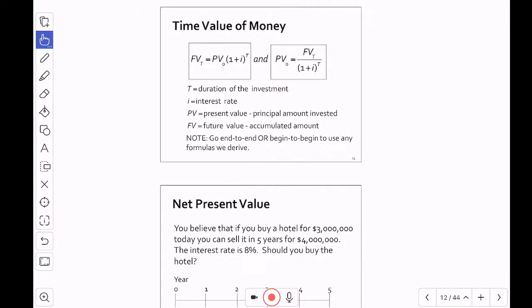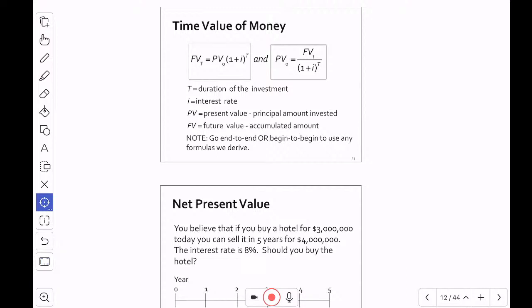In this case, this is just for lump sum amounts. So lump sums invested and then to accumulate, or lump sums to be received, and you want to know what they're worth, either at the end of the period or the beginning. You just have to set your calculator to make it work. Now, sometimes you're just going to do this by hand or enter it in your calculator with the formula, which I think you're used to.